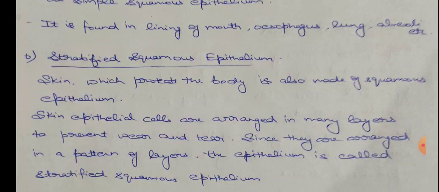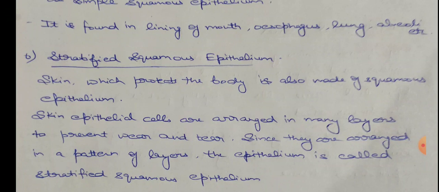Whenever there is a pattern of layers, the name becomes stratified. Strata means different layers. The simple meaning of the word strata is layers. So stratified means there will be a pattern of layers. Again, skin is also squamous epithelium, but a specific epithelium, that is stratified squamous epithelium.